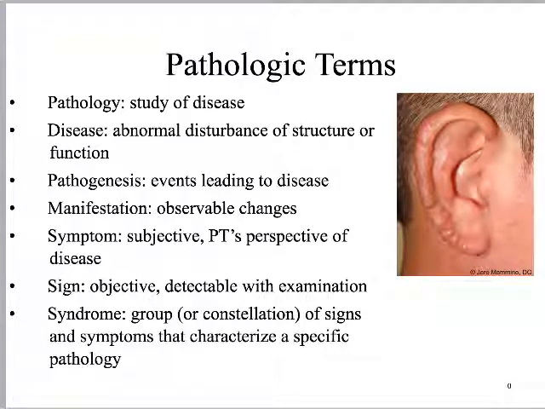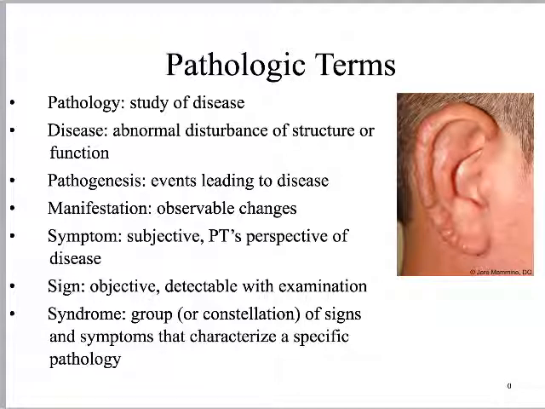Pathology just means the study of disease and disease processes. Disease then is abnormal disturbance of structure or function. Again, if I know what a normal ear looks like, I know when something is different about the ear, either functionally, the way the ear is hearing things, which is difficult to measure, or structurally, how the ear appears.